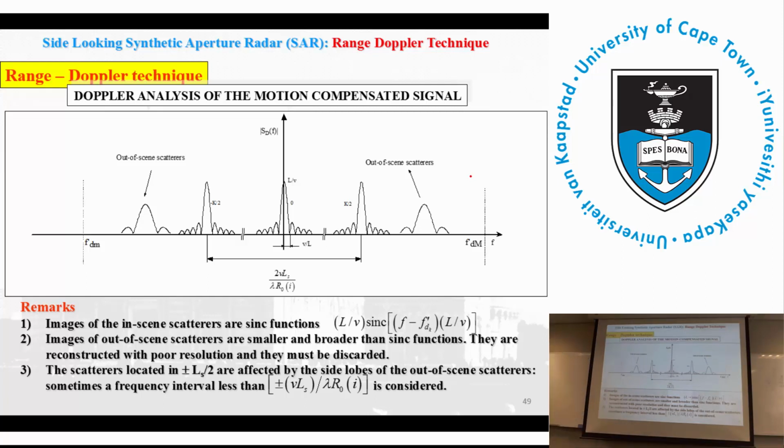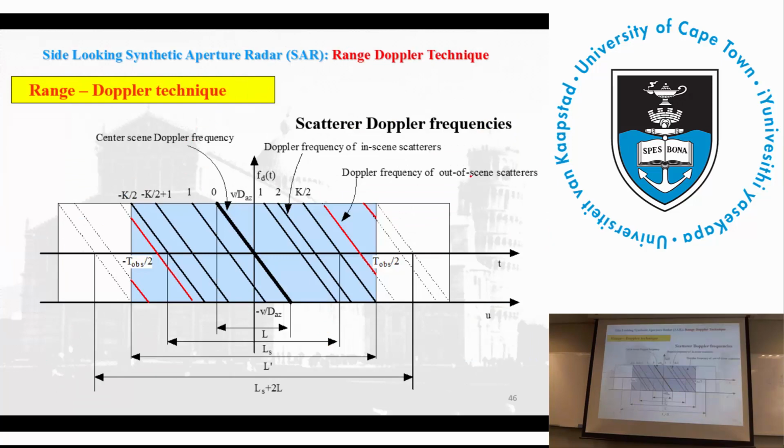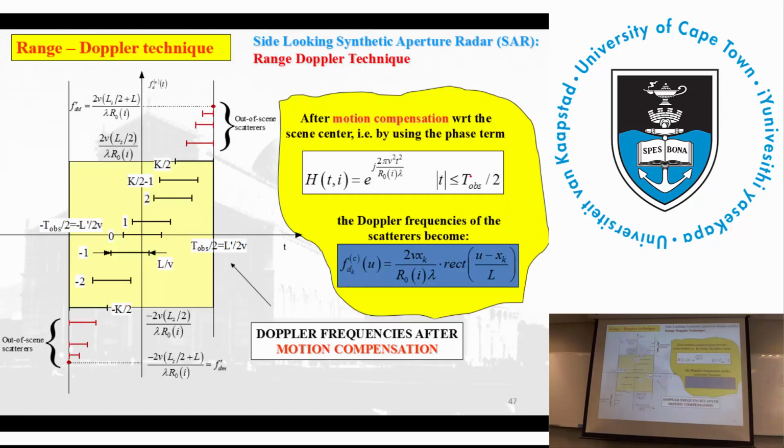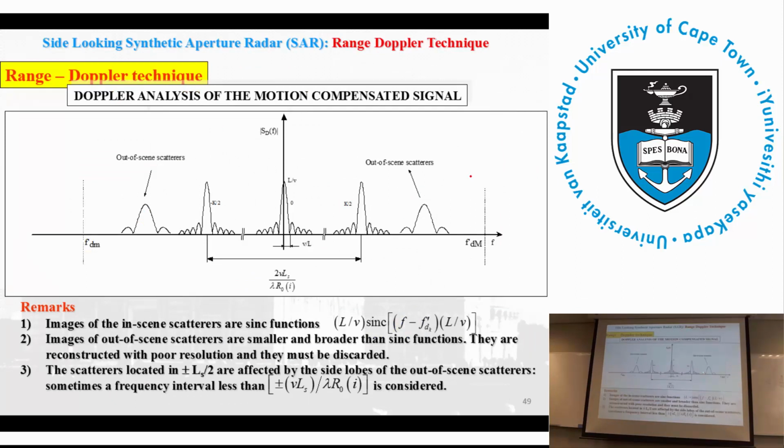Well, this rectangular function here, for this one, it's got a shorter time window. So the dwell time for those scatterers that are sitting here is less. These are observed all at the same time as dwell time. But this one's here, no, because then I switch the radar off here. So that's why they appear like this.